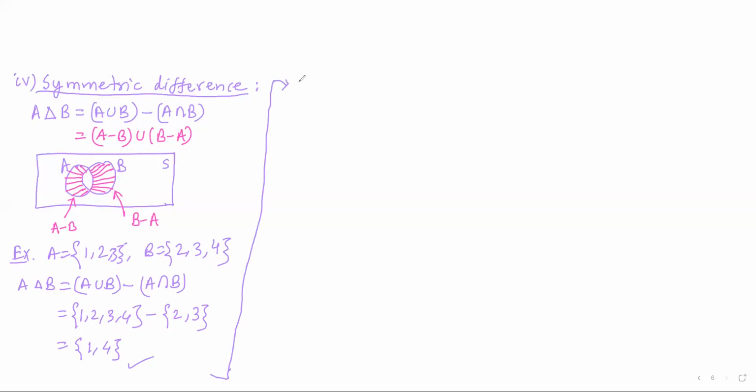Now I will discuss different properties of symmetric difference. Property number 1, A symmetric difference A is equal to phi.